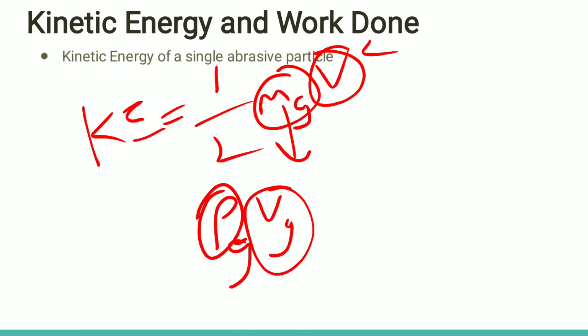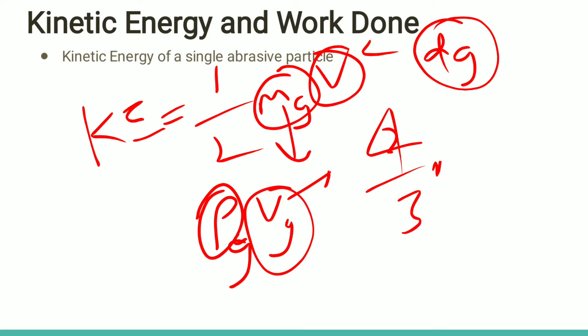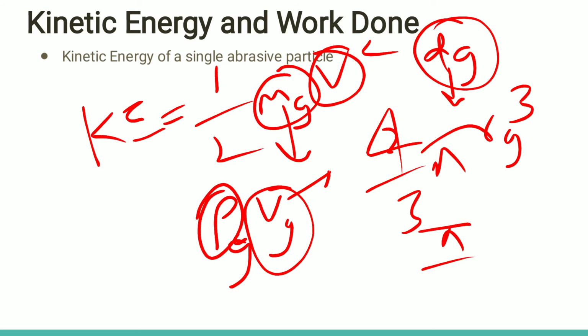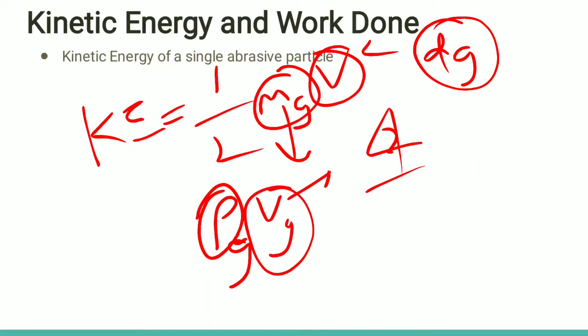Now we are considering this grit as spherical in nature, of diameter dg, so the volume will be 4 by 3 pi rg cube. But we have to convert it into the form of dg, so it will be pi by 6 into dg cube. So this is the volume of this spherical grit.